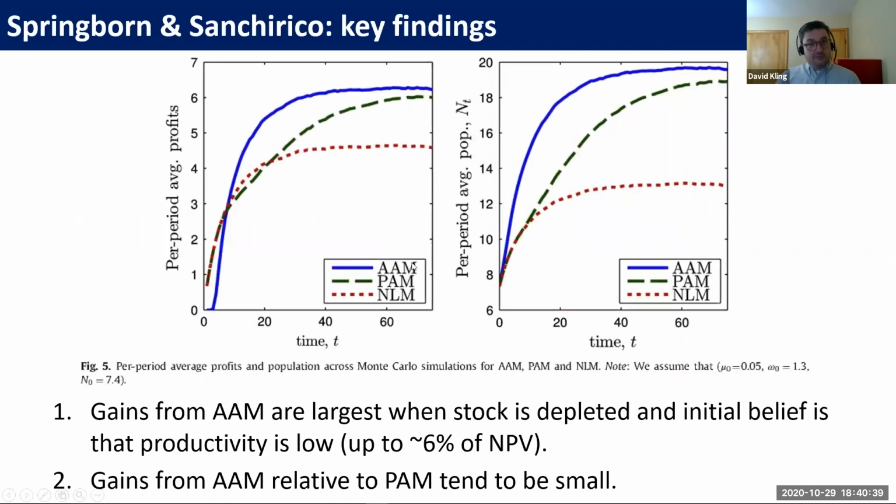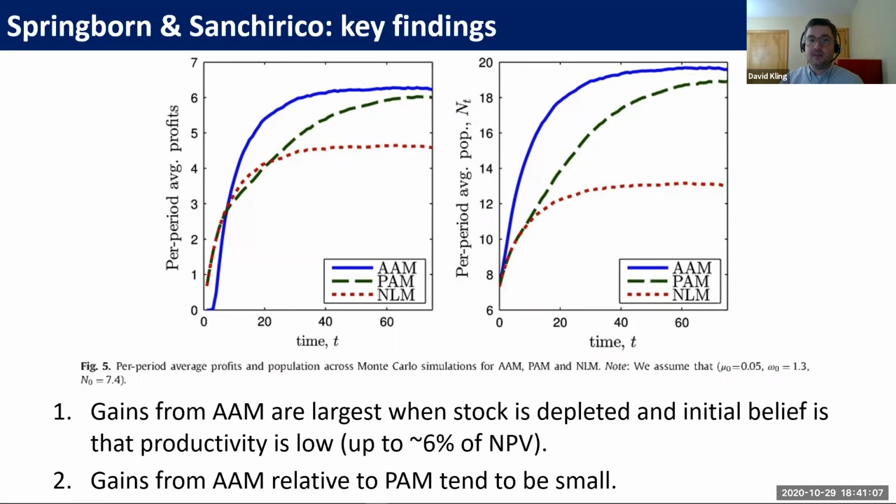So I encourage you to read the paper, but I want to riff on it and talk about some punchline results that connect to some of our earlier discussions. The whole framework was put together to solve an AM problem for the optimal harvest policy, compared against no learning and PAM approaches.